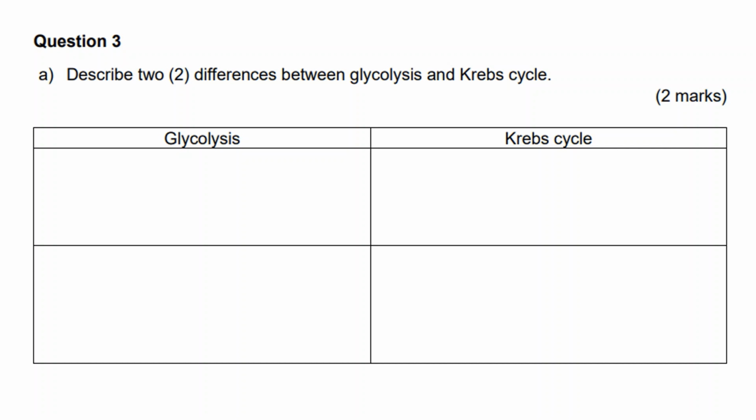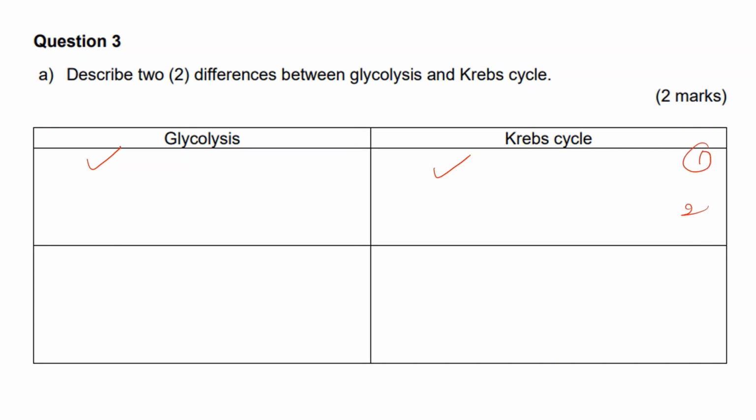Question 3. Describe 2 differences between glycolysis and Krebs cycle. Glycolysis occurs where? In the cytoplasm. Krebs cycle occurs where? In the matrix of mitochondria. That is for the first mark.